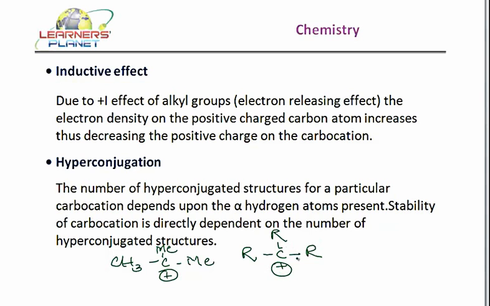Now what happens, students, or what happens, friends? The electrons are released towards the positively charged carbon atom, as a result of which the alkyl groups gain a slight positive charge. Right? Now, due to this, what has happened? The positive charge has been delocalized over the whole molecule.